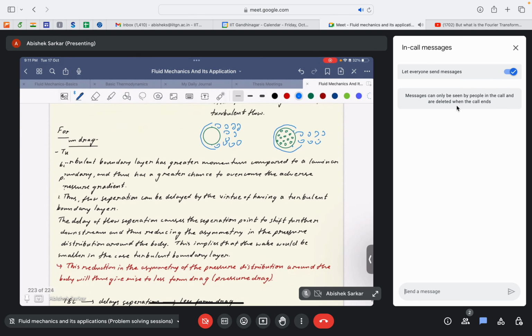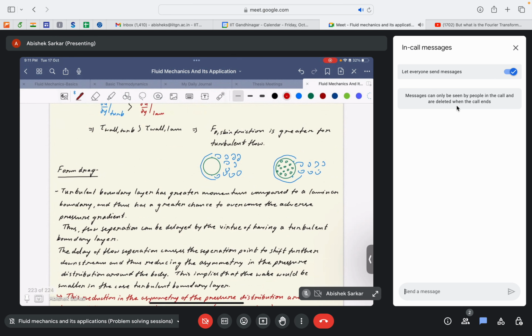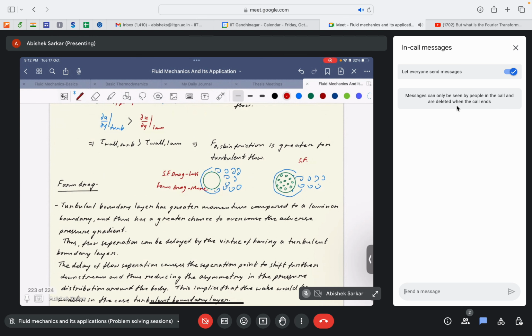So the interesting thing is that, as you will see here, the skin friction drag is less, but pressure drag or form drag is more. Just opposite to it, here the skin friction drag is more. Why? Because, as I just told you, shear stress in turbulent boundary layers is higher compared to laminar boundary layers.